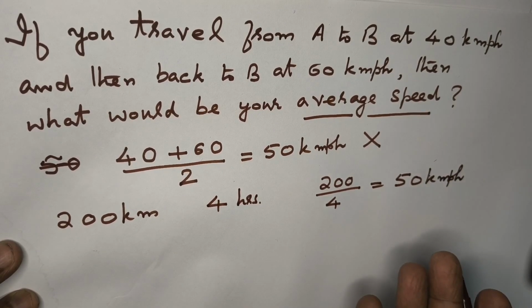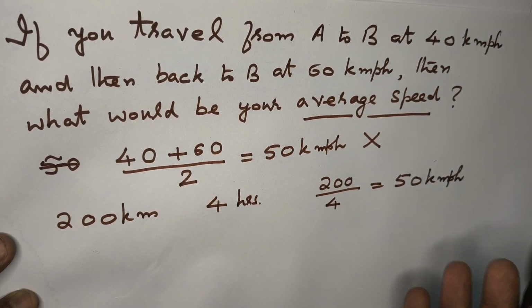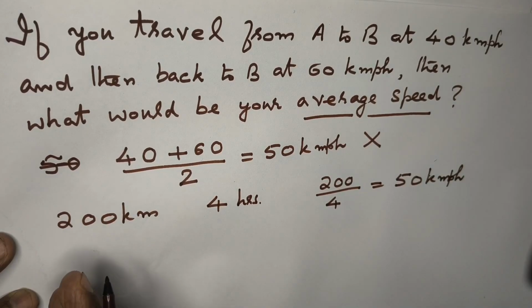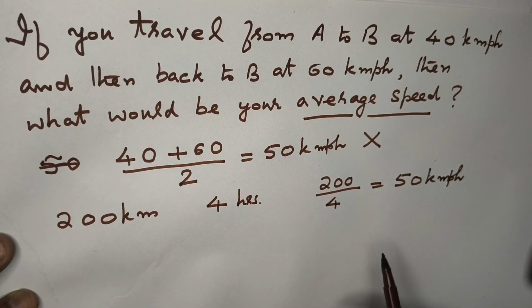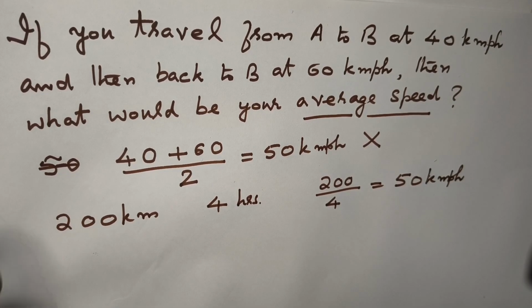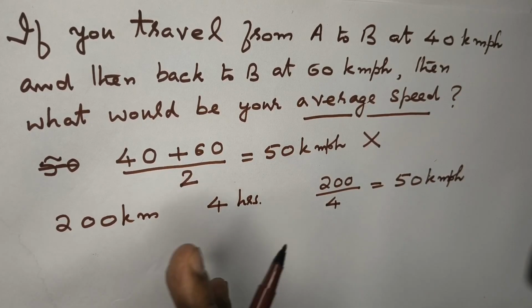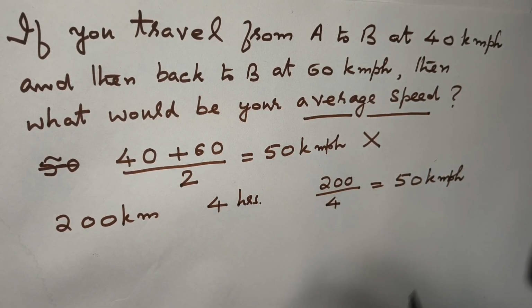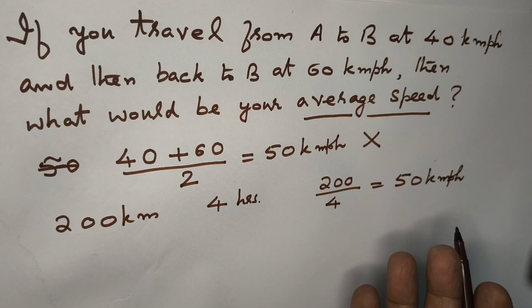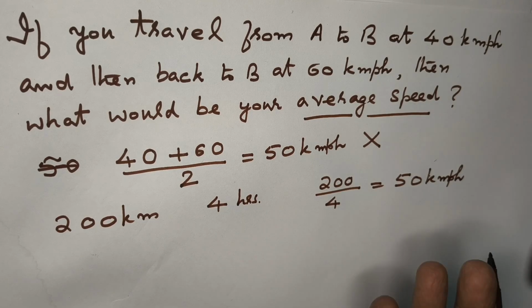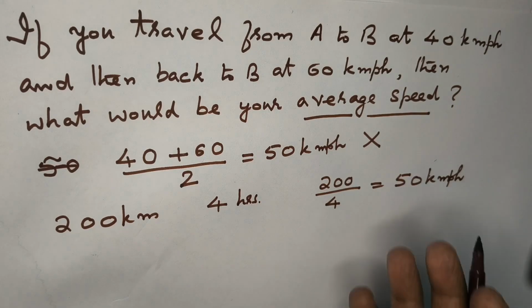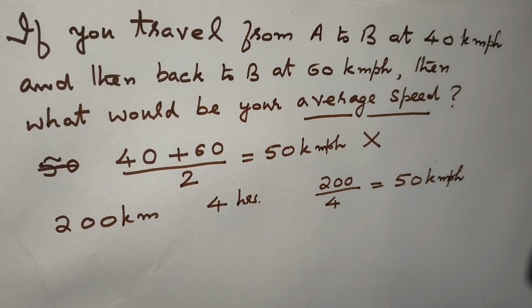Does it mean you had 50 kilometer maintained throughout your journey of 200 kilometer? No. This is only an average speed. So whenever you refer to speed, it's not the speed at different points of your journey. Maybe you had gone at some points 70, 80 kilometer, at some other stretches 20, 30 kilometer, and the average works out to 50 kilometer, and that's the meaning of average speed.